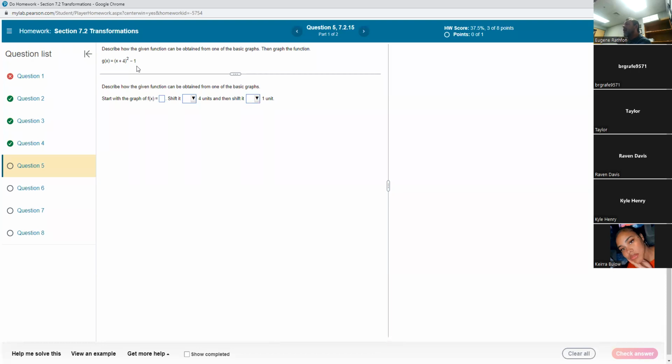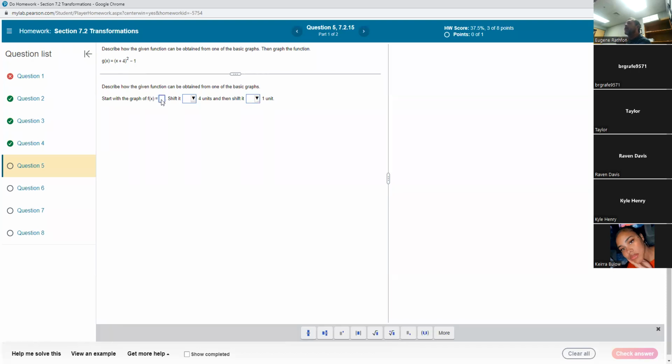So the basic graph would be f of x equals, so I see that exponent 2 there. So I'm going to figure out that's the x squared graph. I'm going to hit my x and square that.